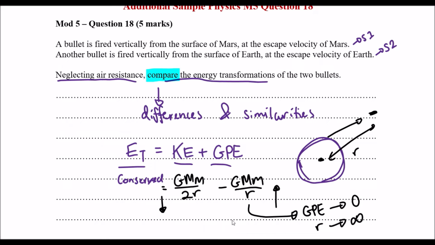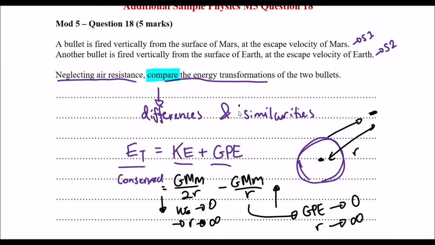That's why we say it increases, because as we go from a negative value towards 0, we're actually increasing the gravitational potential energy. Whereas as r goes towards infinity, we also find that the kinetic energy will move towards 0, as we see there.